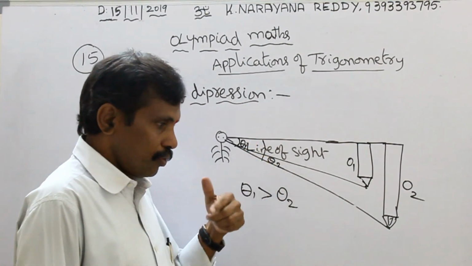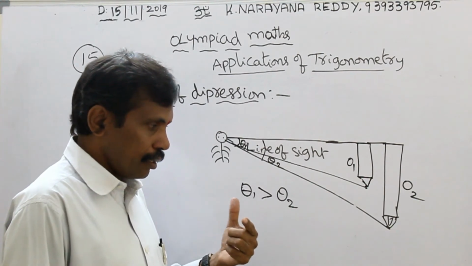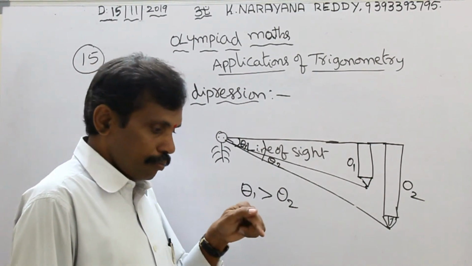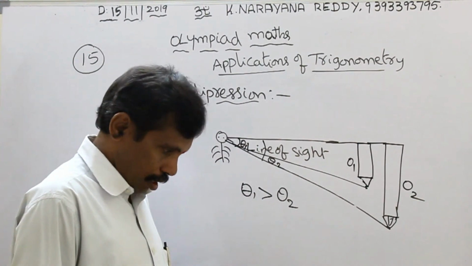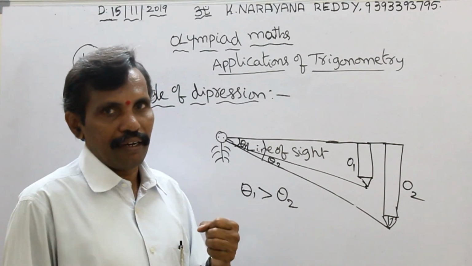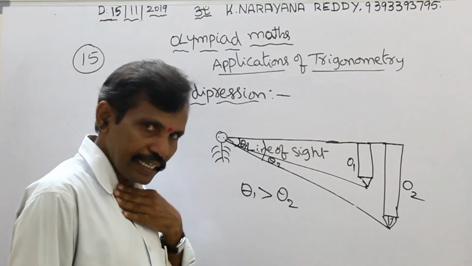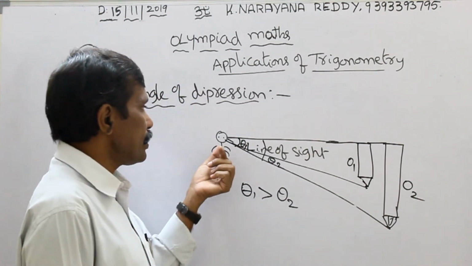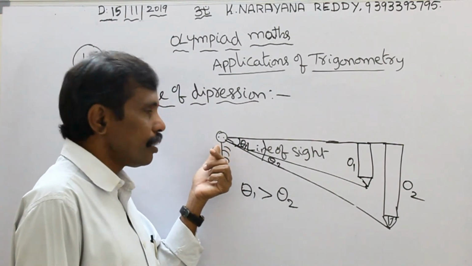Why? Because you are observing this one in this way. Again, you have the lower part of the object, the lower end, decreasing the angle. The angle of depression is decreasing. The gap between neck and head is decreasing for the observer.